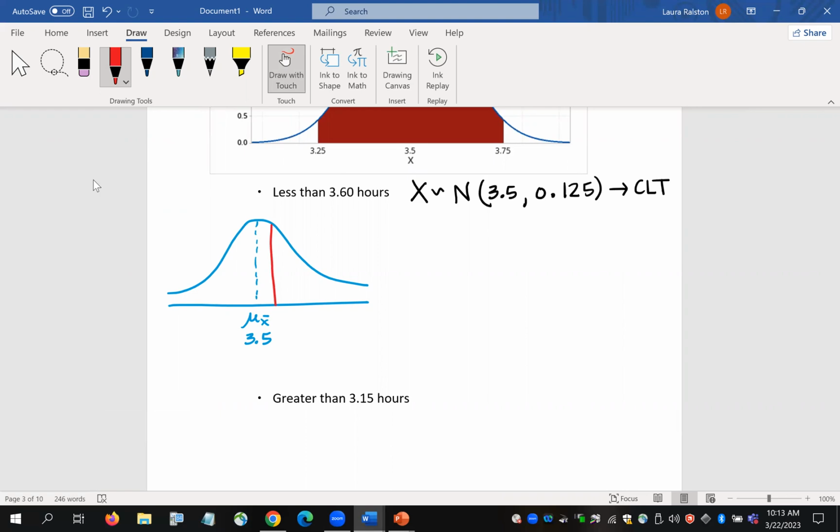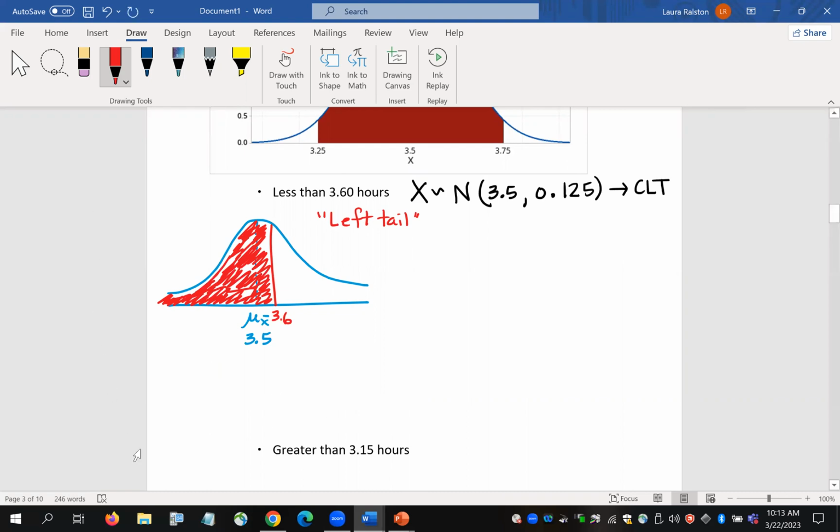So 3.6 hours, and I want to be less than. Well, notice this less than is to the left. So I'm looking for the area of this red shaded region. This would be a left tail. And again, I can apply the normal distribution because of the central limit theorem.